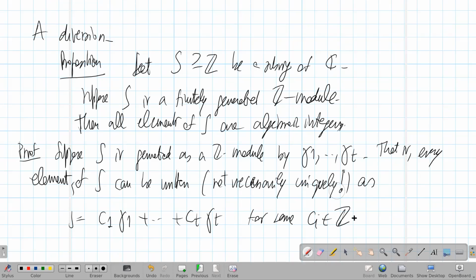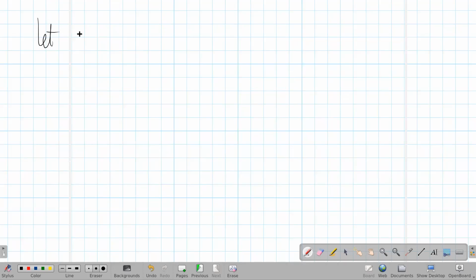We are not saying that this is a basis, so the expression may not be unique, but definitely you can do that. I want to prove that all elements of S are algebraic integers, and this means that they will be the root of a monic polynomial. So where does this monic polynomial come from? Let alpha be an element of S.